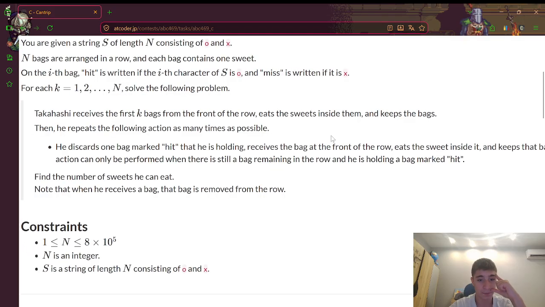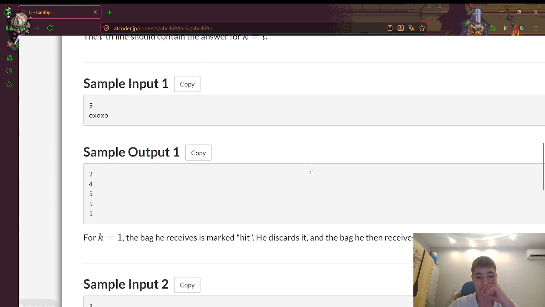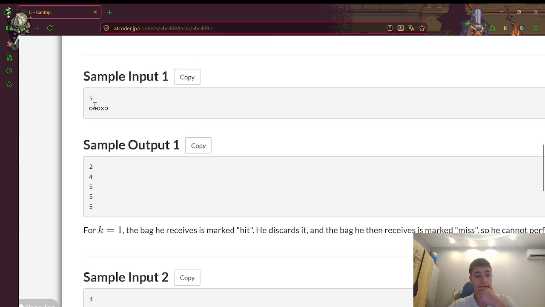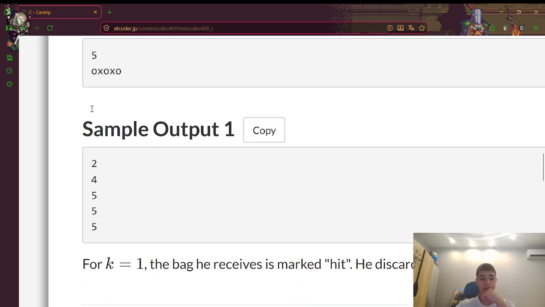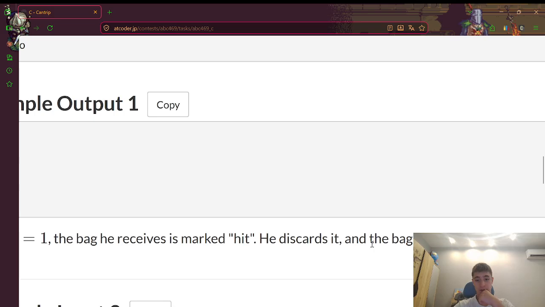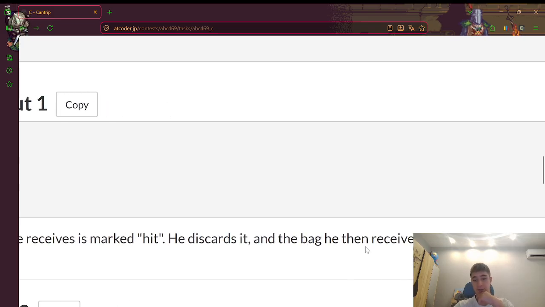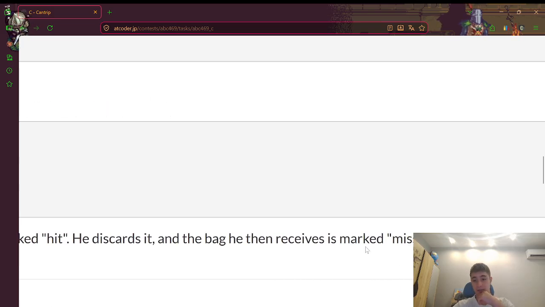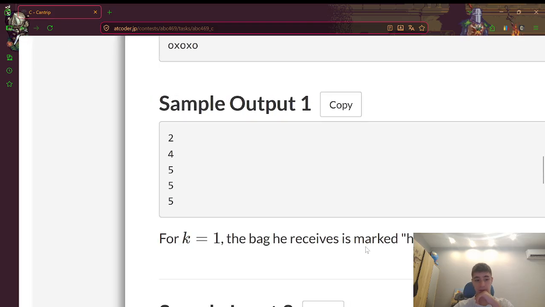This action can only be performed when there is still a bag remaining in the row and he is holding a bag marked hit. Like for K equals 1, the bag he receives is marked hit. He discards it, and the bag he then receives is marked miss. So he cannot perform any further actions.